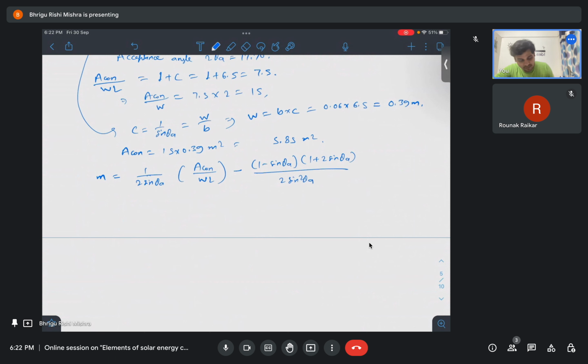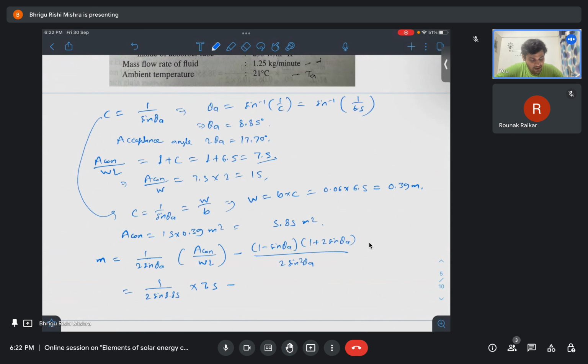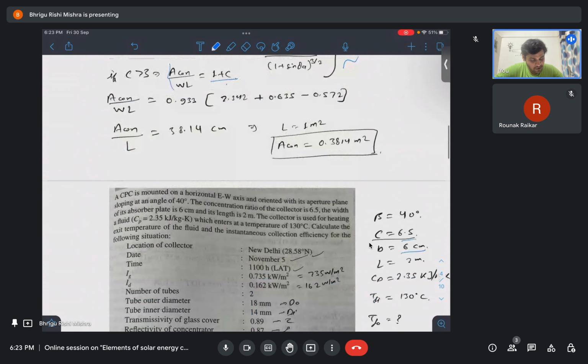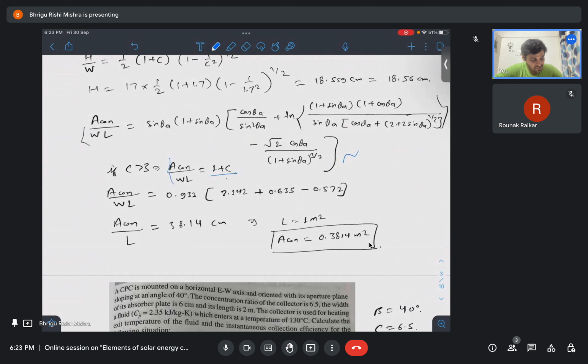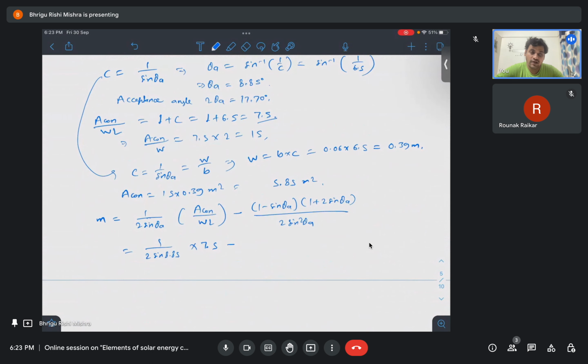Okay, so if you put all the values, 1 by 2 sine 8.85, and we have already calculated this A con by WL as 7.5, so it is 7.5 minus... You can also check, this can be a good exercise: use the acceptance angle value here to calculate A con by WL, and you will find that both are very near.